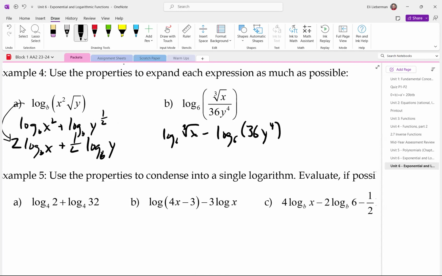And then the left term is one third log base six of x, minus, and then the power of four only applies to the y. So I wrote minus two y to the fourth, because log base six of 36 is two. It is good. So there's a two involved.